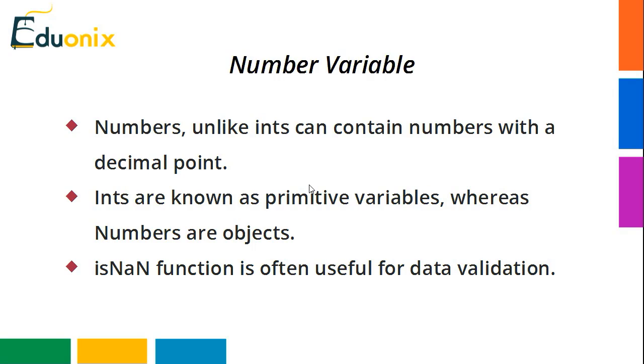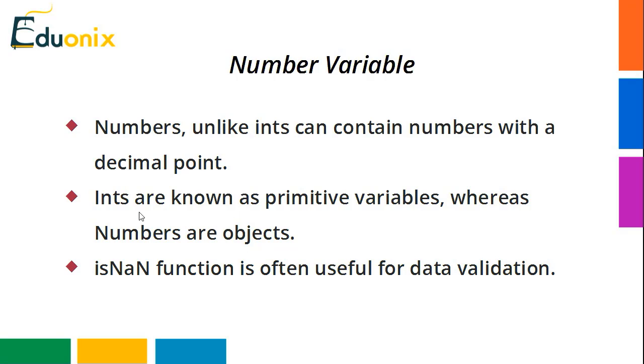Primitive variables are variables that are more closely associated with computer hardware, how data is actually stored in the computer. Objects are kind of designed to have functions and properties associated with them, so they're more contrived variables.